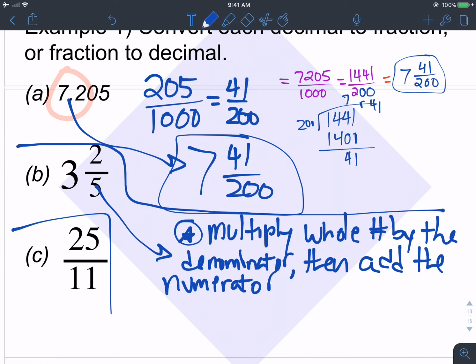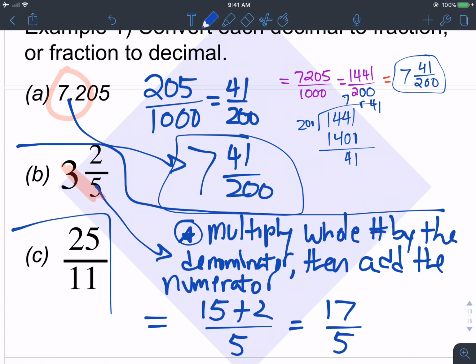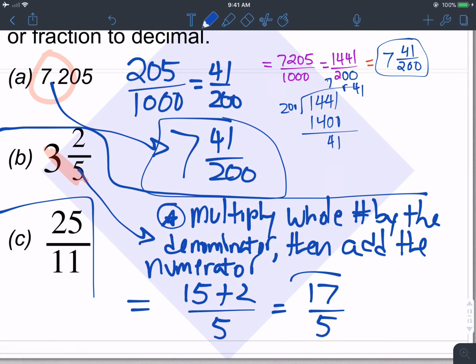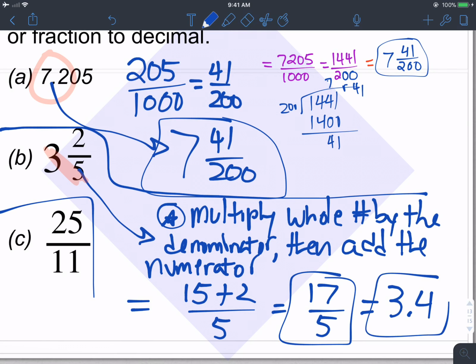So it turns into 3 times 5 is 15, plus 2. So 17/5. Okay? Now, perform that division. Which is 3.4.